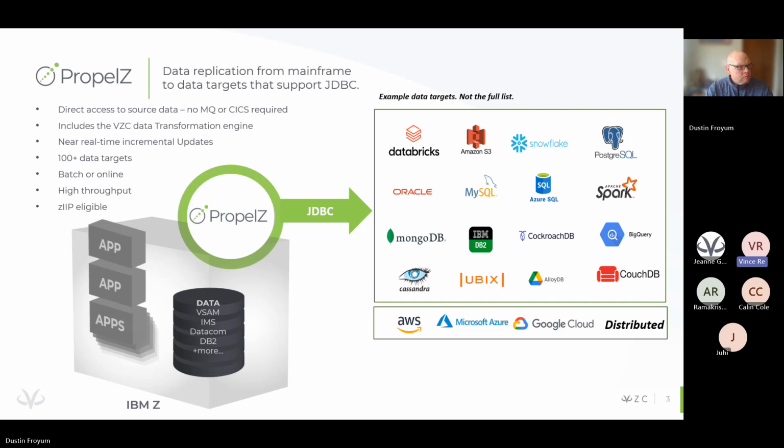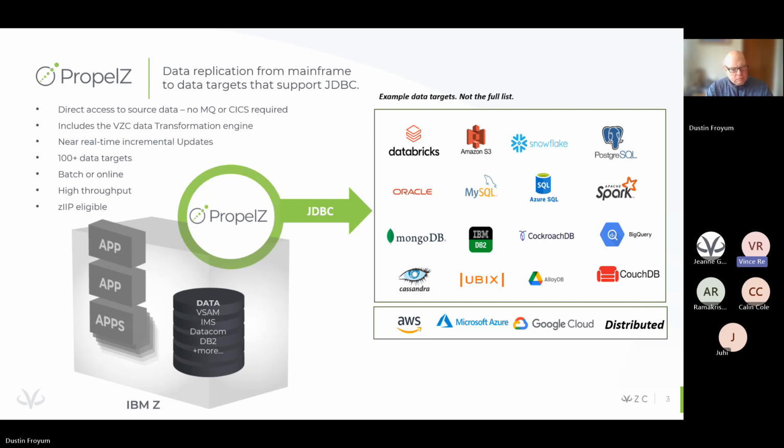Maybe you have a VSAM file where some of the records are names and addresses and other records are transactions. If you just want to process the transactions, you absolutely could do that. In those cases, it would be pretty common to say, I want all of the data, but I want these kinds of records to go to this table in the target, and these other records to go to a different table, and so on.